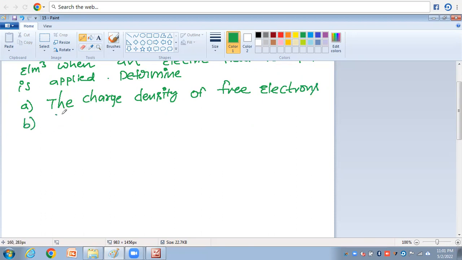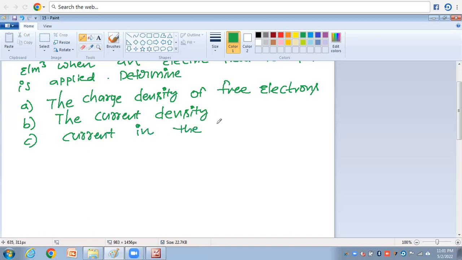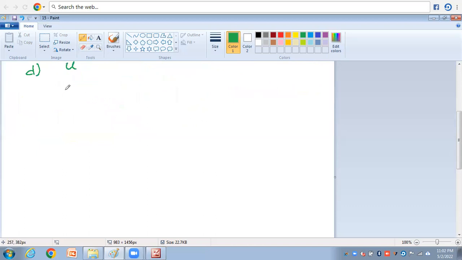The second one is the current density, simply J bar. Very, very simple formulas. The third is the current in the wire. The next is the drift velocity of the electrons, denoted with u. No need to write a complete matter. Then I will go with the solution part.